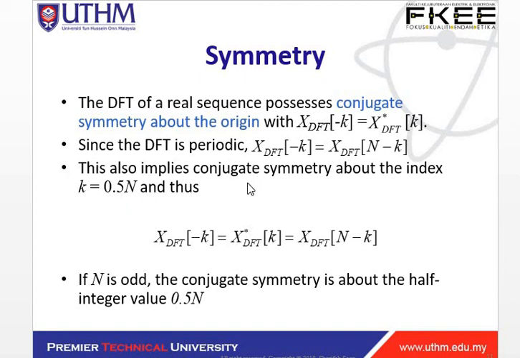This also means that it is conjugate symmetric about the index k equal to 0.5 N. So if N is an odd number, the conjugate symmetry is about half of the integer value, 0.5 N.